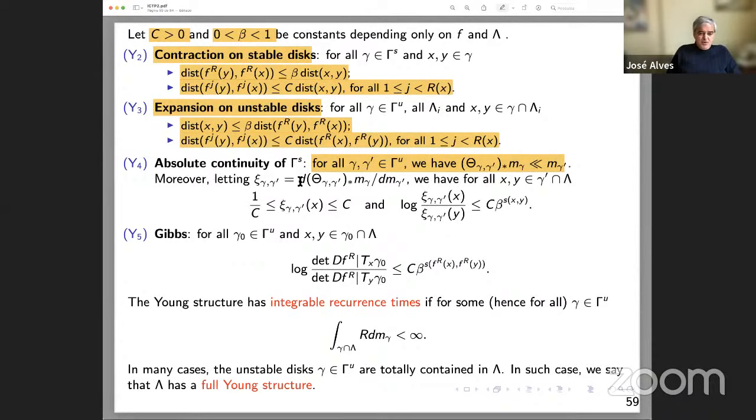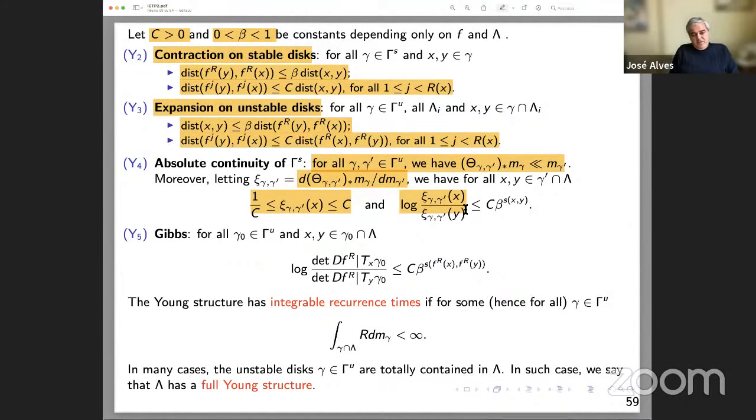Since this push forward is absolutely continuous with respect to Lebesgue measure on the second disk, we can consider the density of the push forward with respect to the measure on that leaf, and the density needs to have good properties. The first one is that it is uniformly bounded from above and below, and the second one is some regularity of the logarithm of the density.